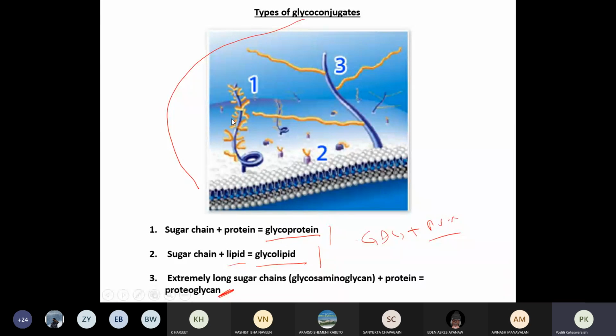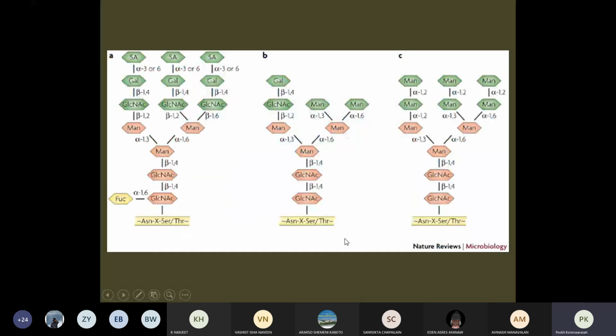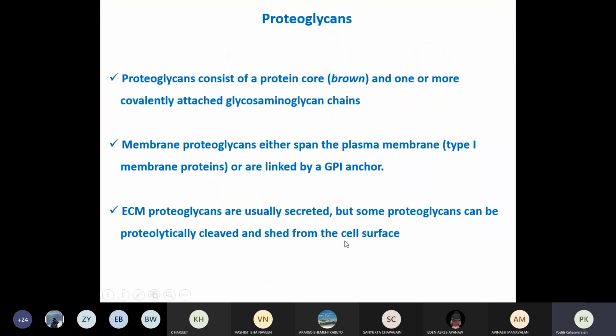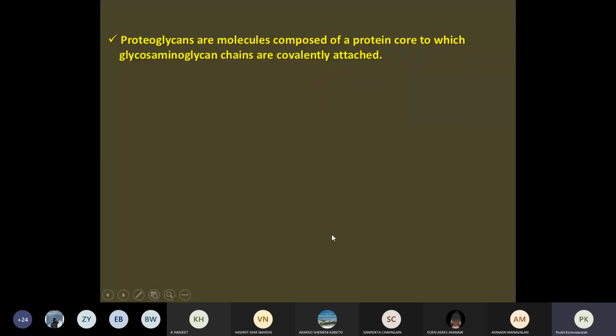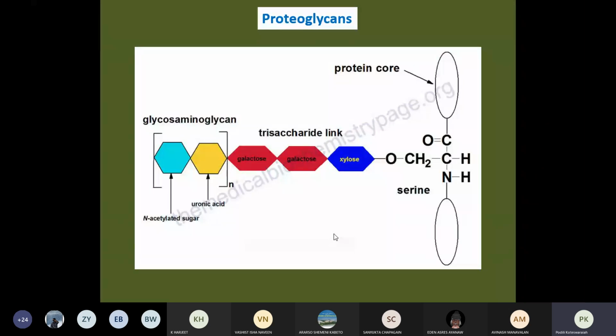All three are glycoconjugates, where carbohydrates are linked to non-carbohydrate moieties. In today's class we discuss proteoglycans, which are glycosaminoglycans covalently linked to proteins.